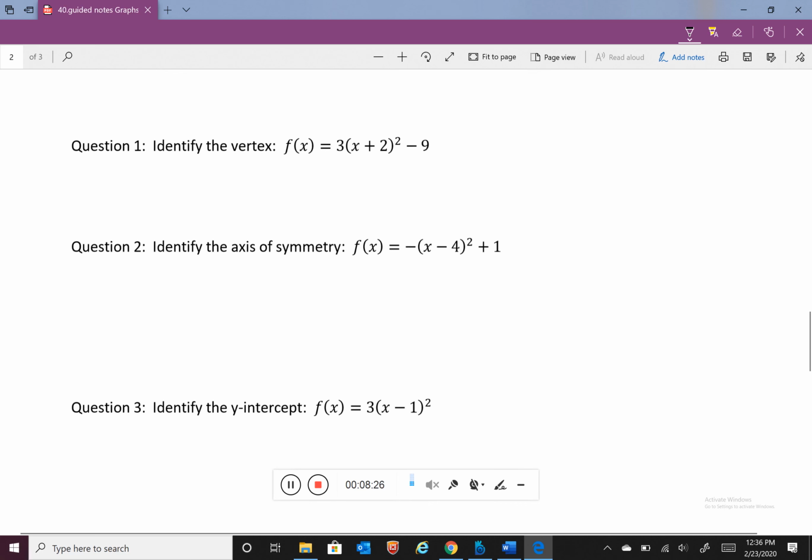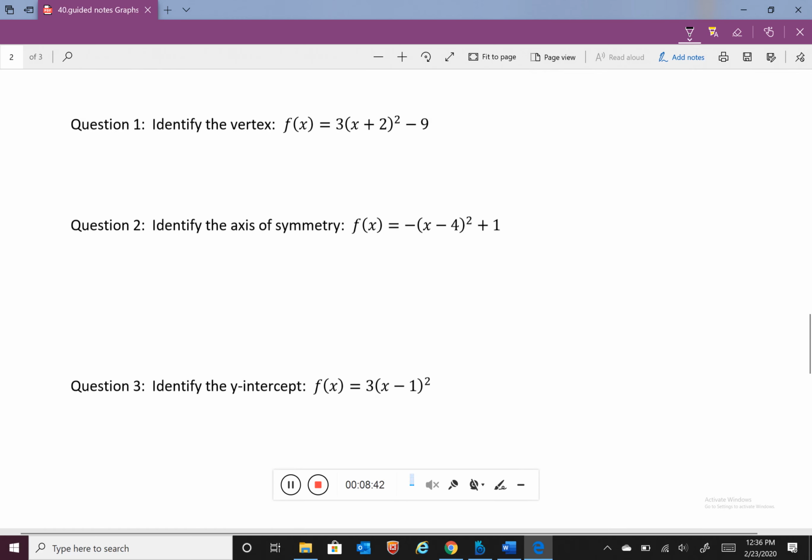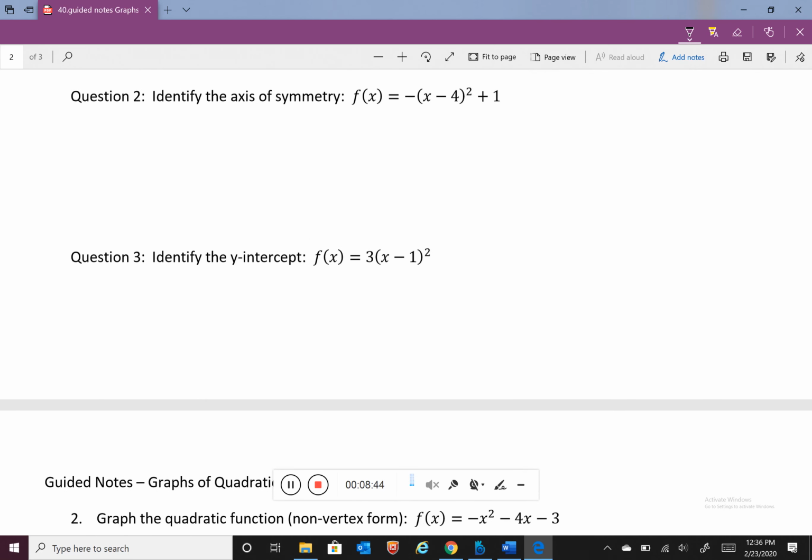Second question, you're going to identify the axis of symmetry for f of x equals the negative of x minus 4 quantity squared plus 1. And third question, you're going to identify the y-intercept for f of x equals 3 times x minus 1 quantity squared.